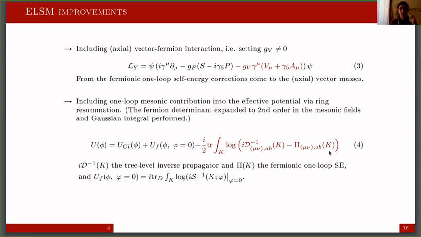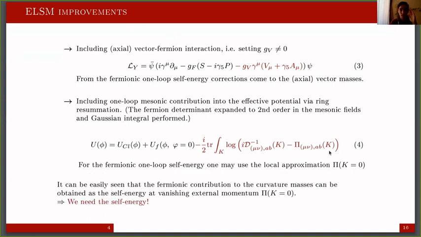It will have importance because it is very important to have a nicely solvable model. And it has another important point: the Fermi contribution to the curvature masses of the axial vectors, which is the first improvement I want to show, can be calculated as the vanishing external momentum limit of the self-energy.